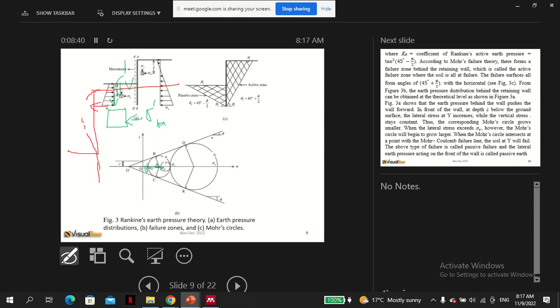Remember, this is phi. From the theory we've already established, and of course here we are assuming the soil has some cohesion, so that's why it's closing this tau at some value.